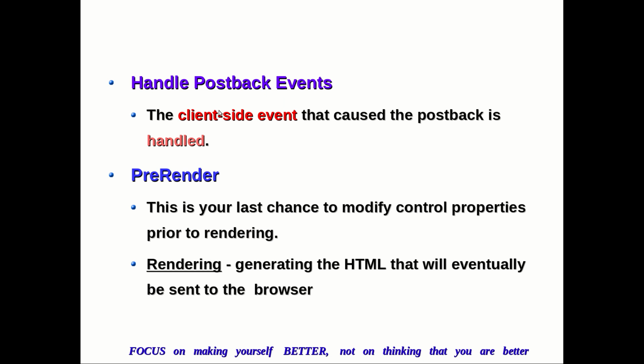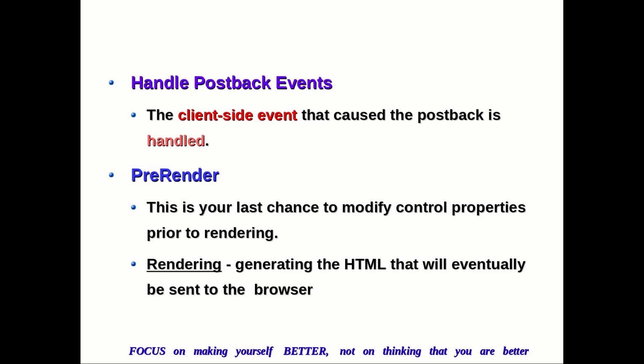Then you have the next event called handling postback events. The client side event that caused the postback will be handled here. Then you have the next event called pre-render. This is where the last stage of rendering happens, before the final HTML is rendered.